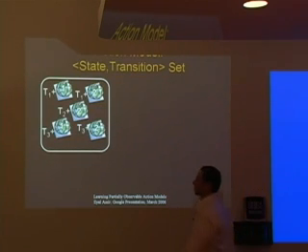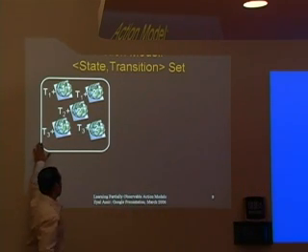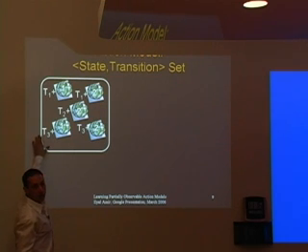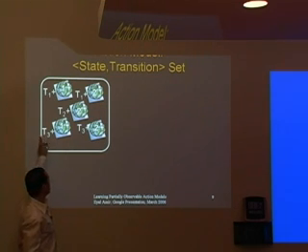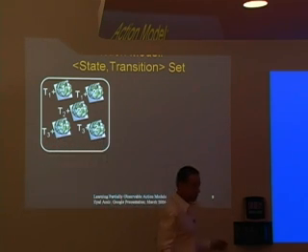The agent really could represent its state of knowledge with this set of pairs. Each pair has a transition relation and a possible state, and we have a set of those.